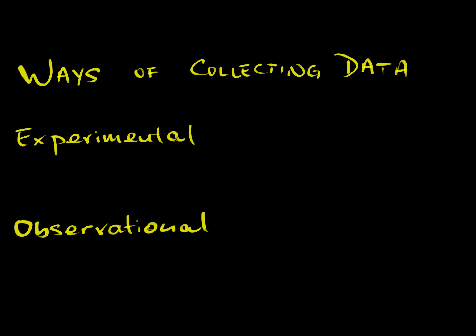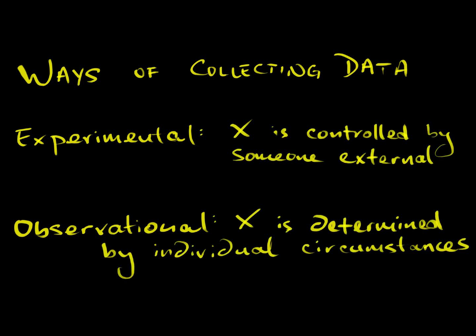Experimental data are the type of data you think about coming out of a science experiment. Experimental data, the X values are controlled by someone or something external.